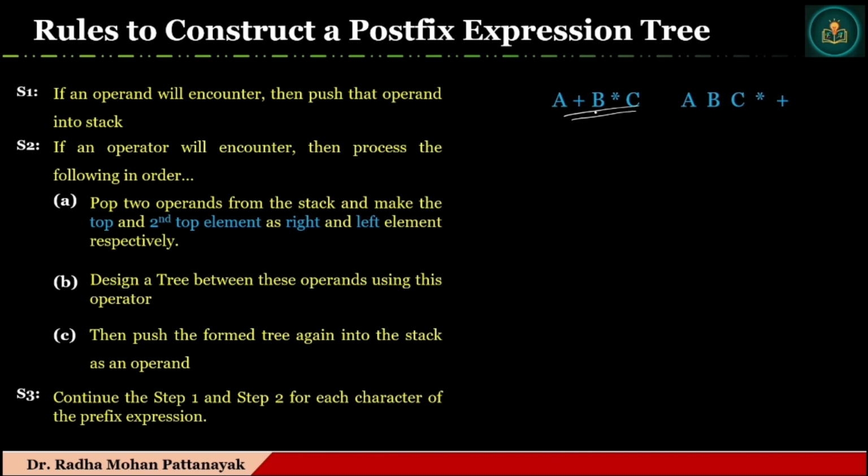Then the same infix expression is converted into postfix form in this way. If you observe here, in the postfix expression form, all the operands come first, followed by the operators.